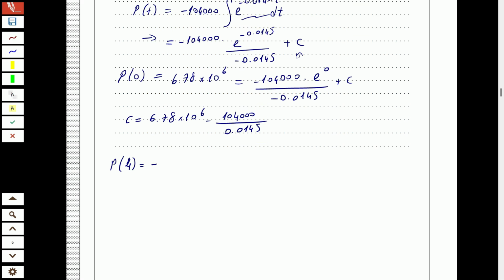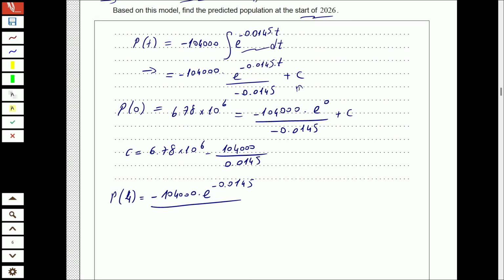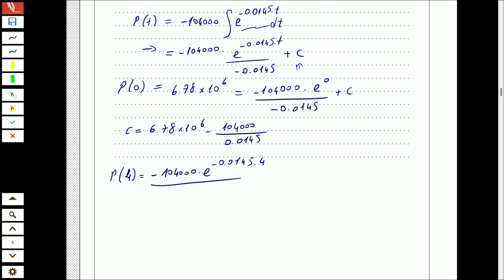So it will be minus 104,000 times e to the power of minus the same number, but don't forget to write times t in here, right? In this case, I will multiply it by 4, 0.0145, and I know the constant C, we found it, the number in here.